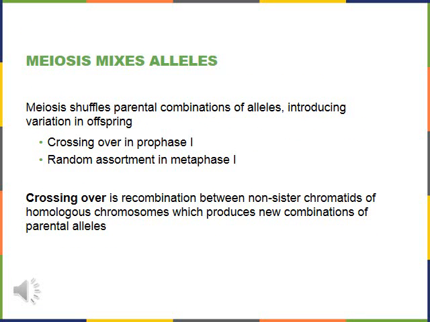We briefly mentioned this a little while ago. One of the cool things about meiosis is that the genes get all mixed up. The alleles, remember those alleles on the chromosomes? Those genes or alleles get all shuffled and mixed around in various different ways.